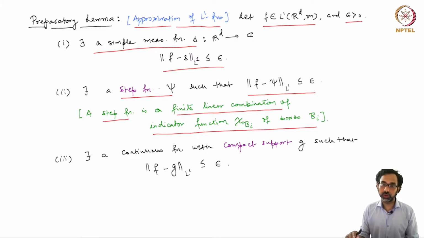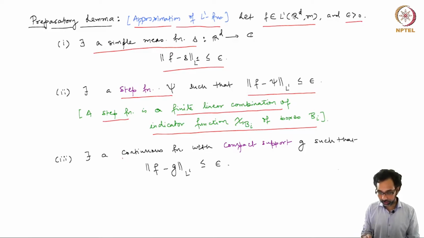So it's very close to what we called piecewise constant functions, but here there is no partition of a single box, and this is a more general concept than piecewise constant functions. So these are called step functions.